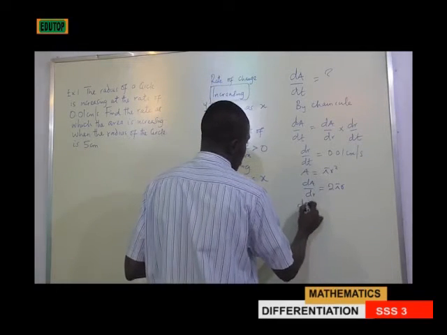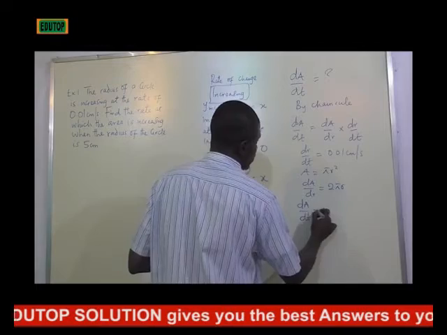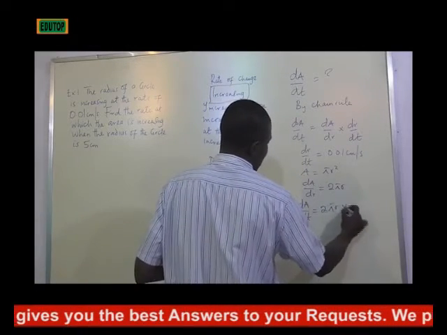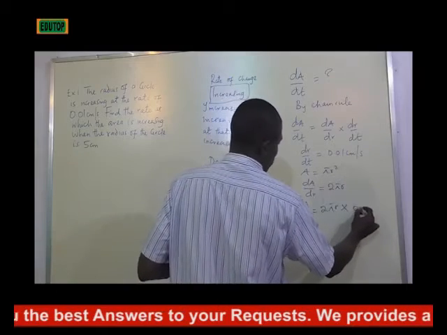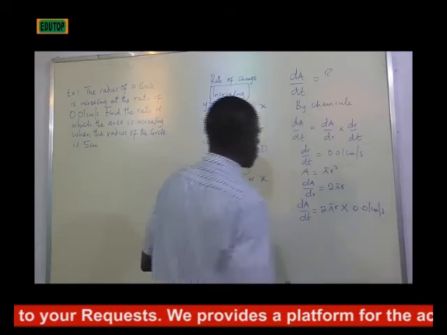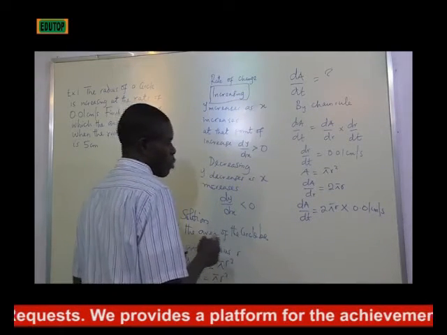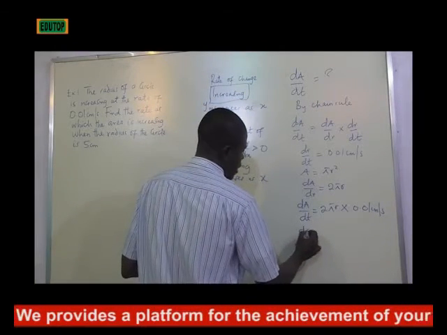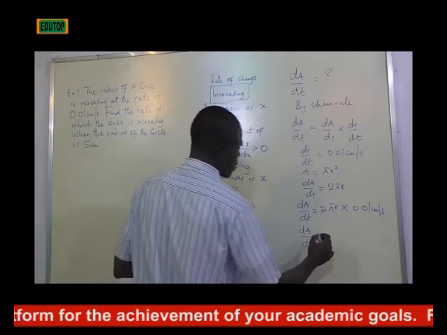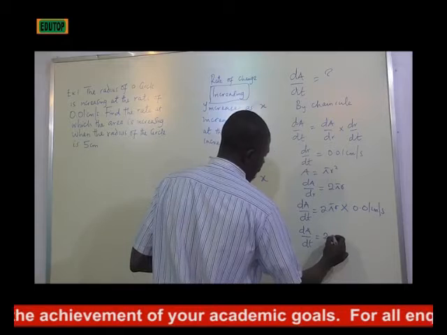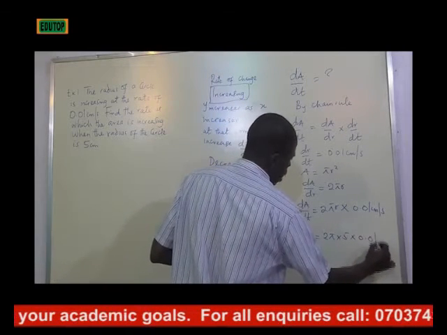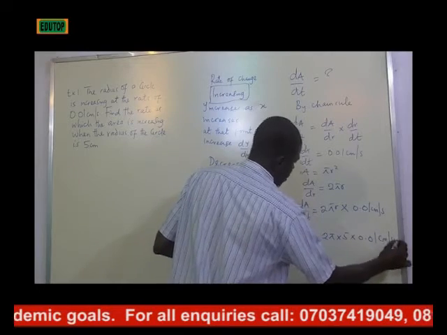Then our dA/dt is equal to dA/dr times dr/dt, that is 2 pi r times 0.01 centimeter per second. Remember that the radius is given to us in the question to be 5 centimeters. So we have 2 pi times 5 times 0.01 centimeter per second.